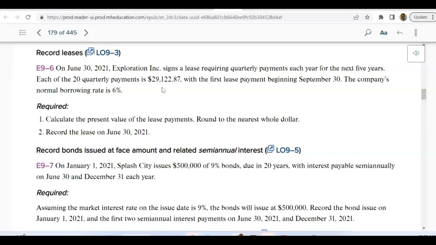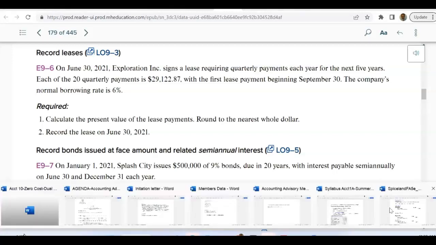If the first payment was due today, it would be annuity due, but this is ordinary annuity. A series of same payments at the end of each period is an ordinary annuity. Okay, calculate the present value rounded to the nearest whole dollar, and record the lease on June 30th of 2020.